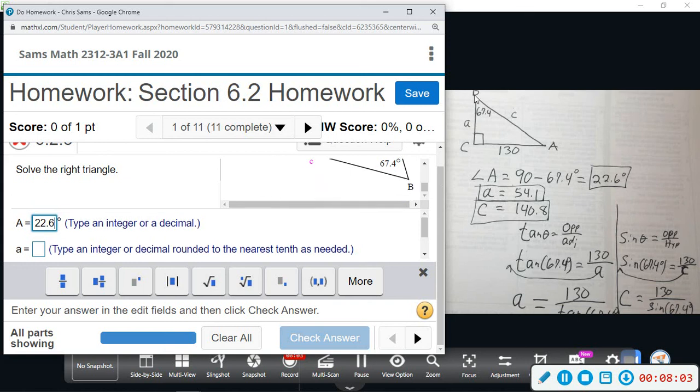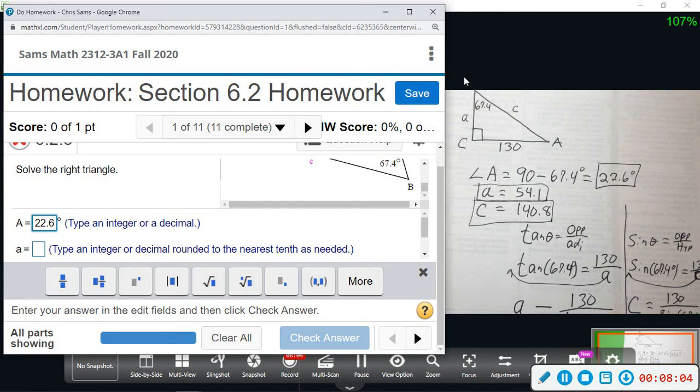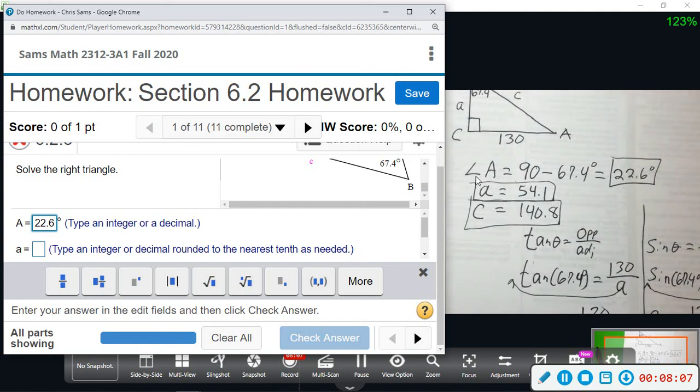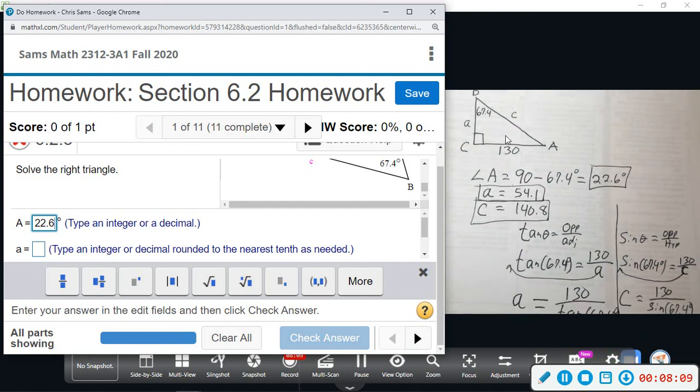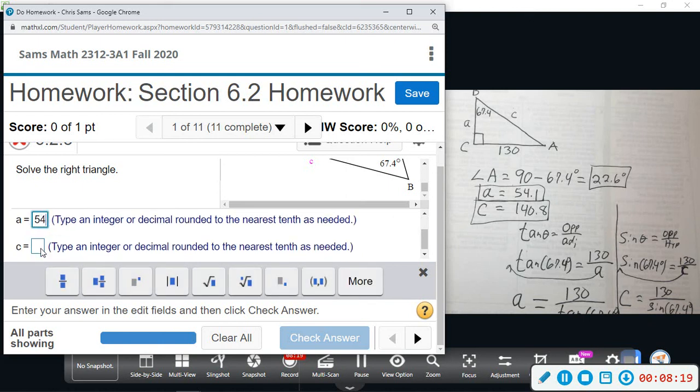Finding side A, we start with angle B. We have opposite and adjacent sides, so we use tangent. We use that formula and we get 54.1. And similarly, to find C, we have opposite and hypotenuse. So sine is opposite over hypotenuse, and that gave us 140.8.